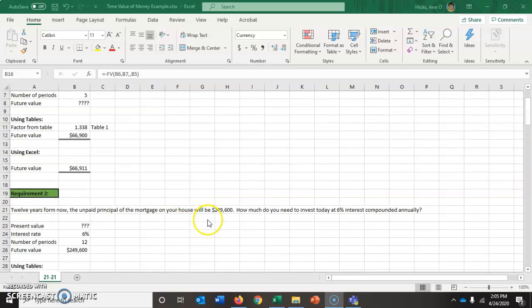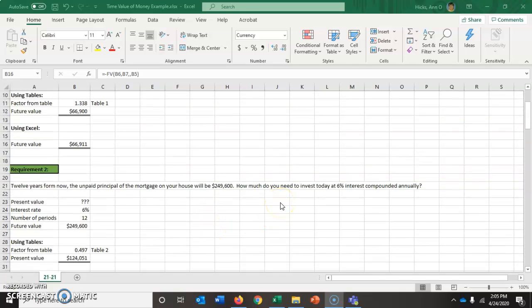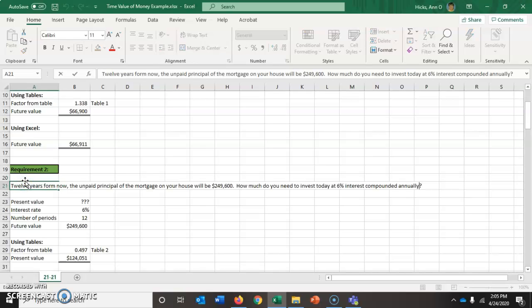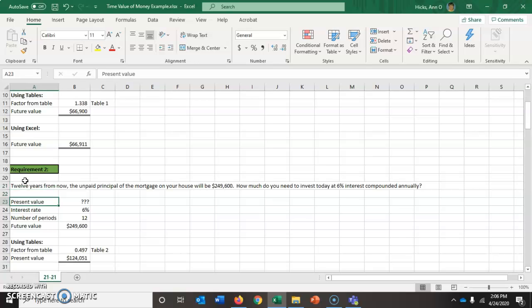Okay, let's look at the next one. In this one, 12 years from now, the unpaid principal of the mortgage on our house will be $249,600. What we want to be able to do is pay that off at that point. So the question is, how much do we need to invest today in order to have that dollar amount in 12 years, again at a 6% interest rate, compounded annually?